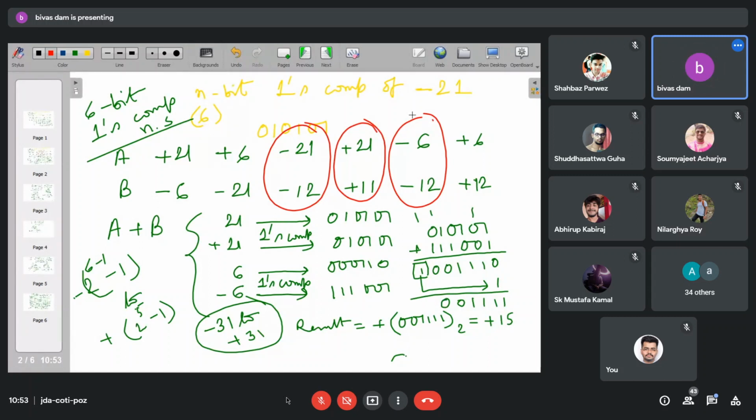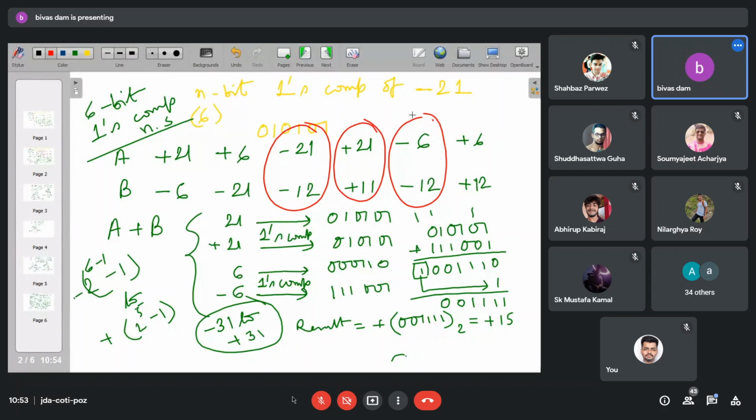I'm talking about the magnitude, not with sign. So definitely there is no question of any overflow, assuming that the operands are already well defined within that given number system and are not going beyond its capacity.